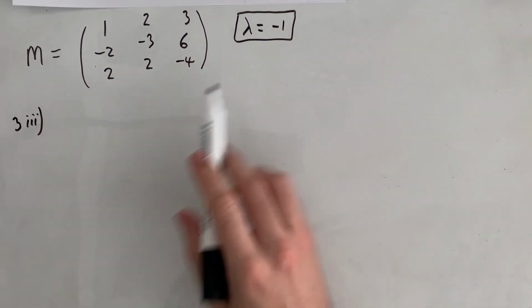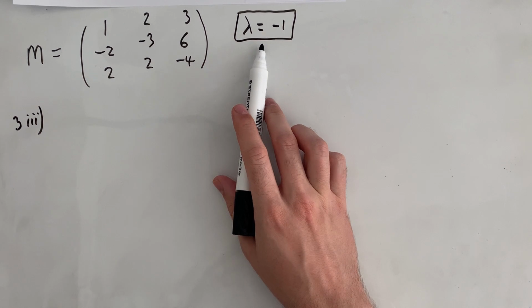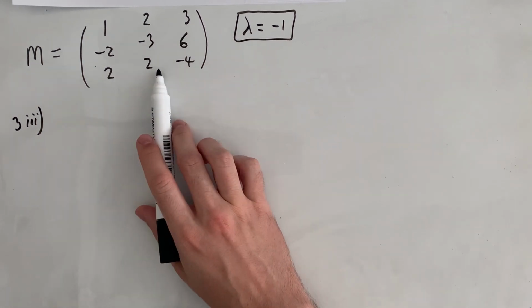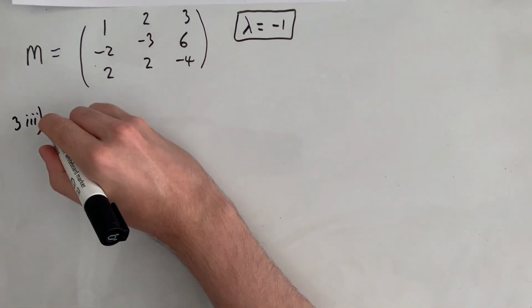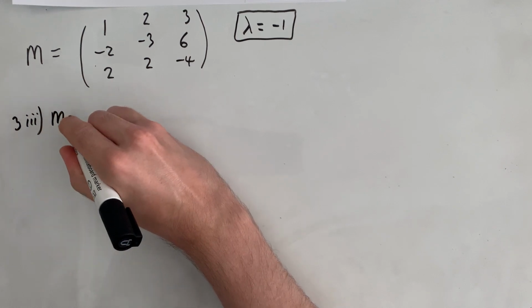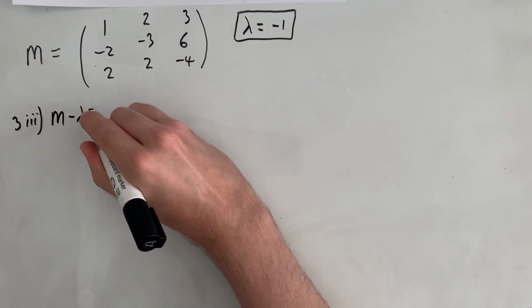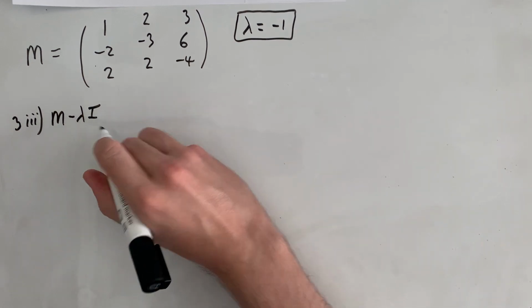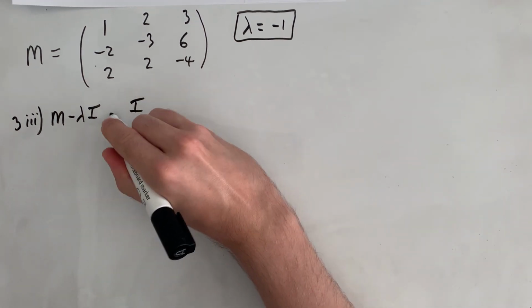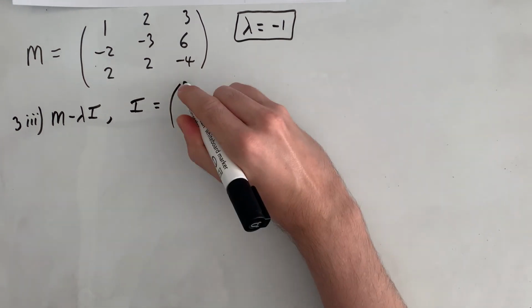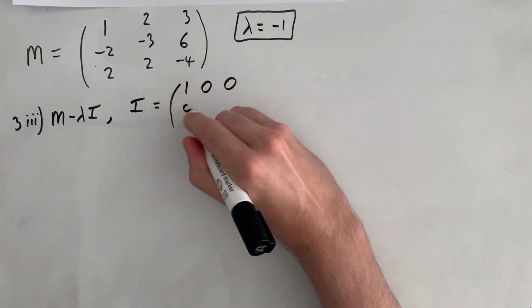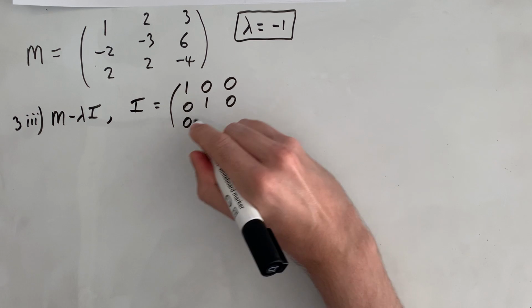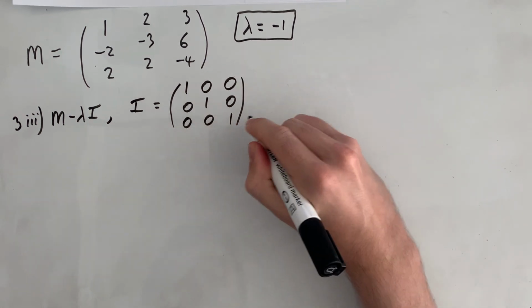We know that this is an eigenvalue because it's provided, and we know this is our matrix. So we begin by formulating this as M minus lambda I, where I is our identity matrix. Just to recap, I is 1, 0, 0, 0, 1, 0, 0, 0, 1.